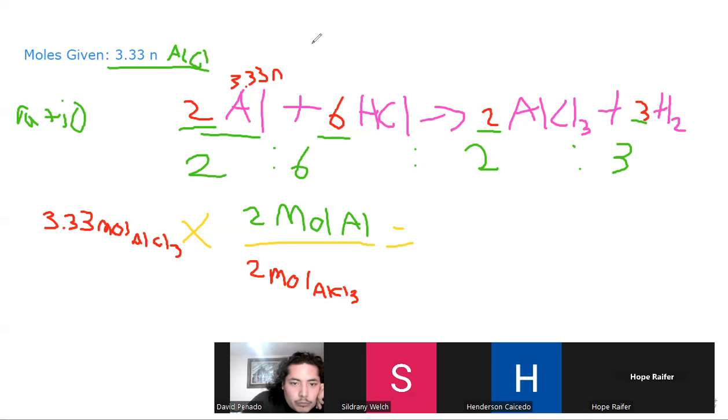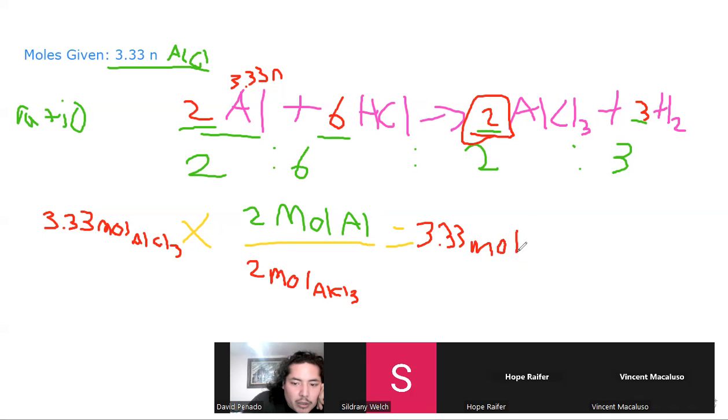Oh, that's how I did it. Wait, the denominator, why is it 2? Because that's the ratio given. That's the one that we found when we balanced the equation.